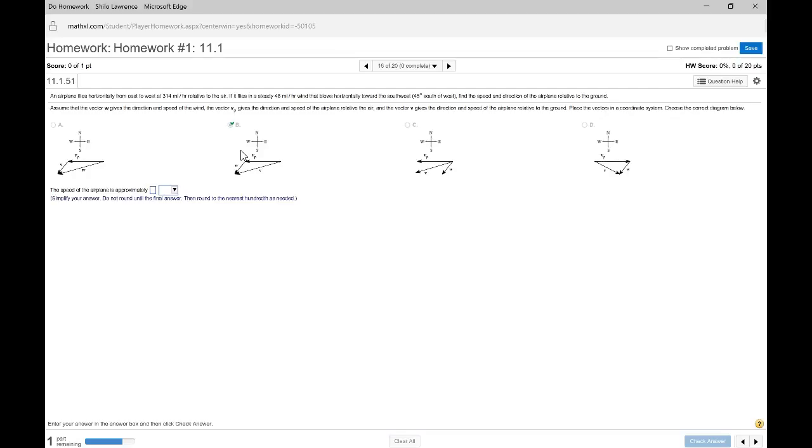So we want to take both of those vectors and break them down into components. Once they're in components, we can add them back together and turn it back into a magnitude and a direction. So 314 and 48.